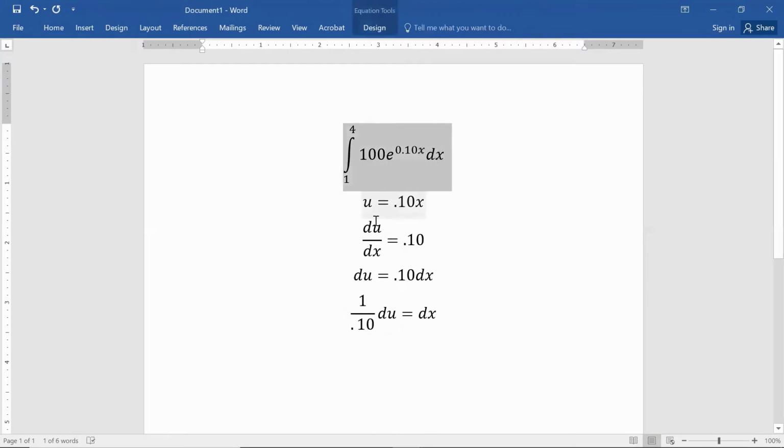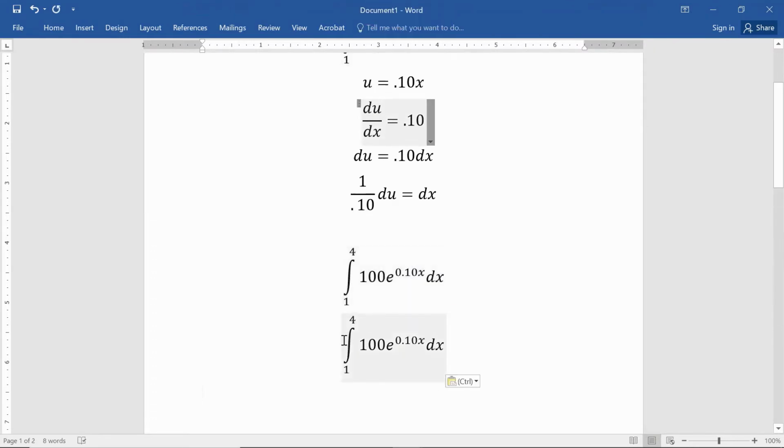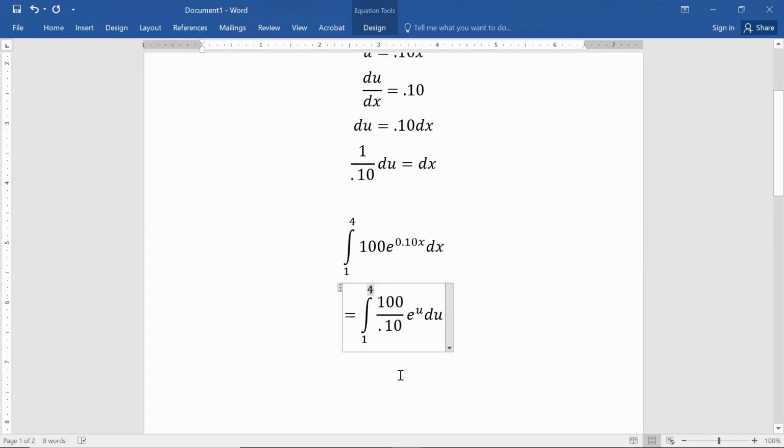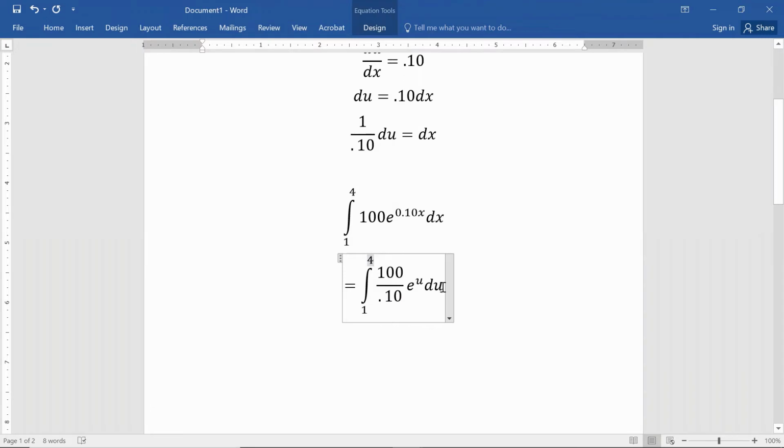If I do that with a definite integral and I do my substitution, when I substitute a u for a 0.10x and I substitute 1 over 0.10 du for my dx, the bounds are no longer 1 and 4 because now we're using u.